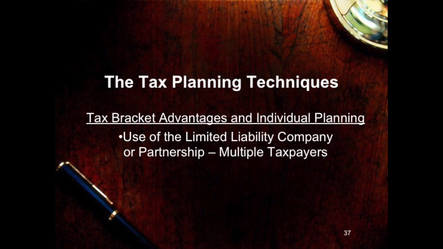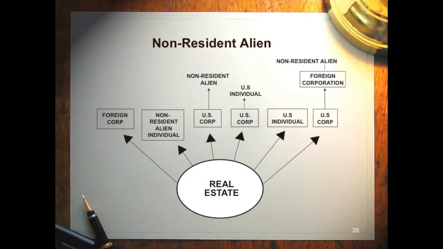This is where if the non-resident alien does not want to invest personally, then that non-resident alien and any other people can invest through different entities that will become investors in what's called a limited liability company or a partnership. What happens here is if we have a partnership, each one of the partners in the partnership have only the taxable income attributed to them. And when they earn that taxable income, they may want to deal with it in many different ways.